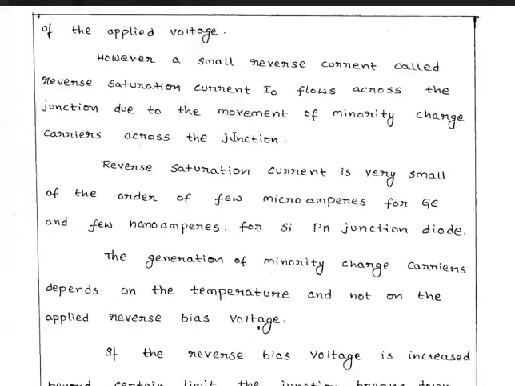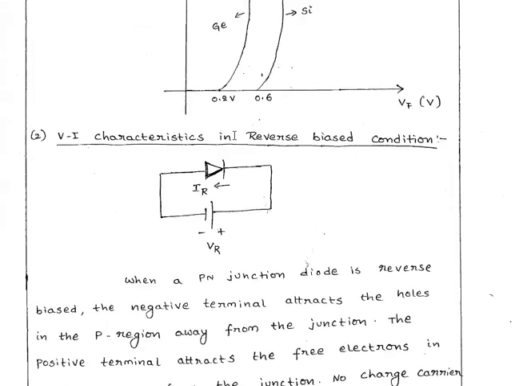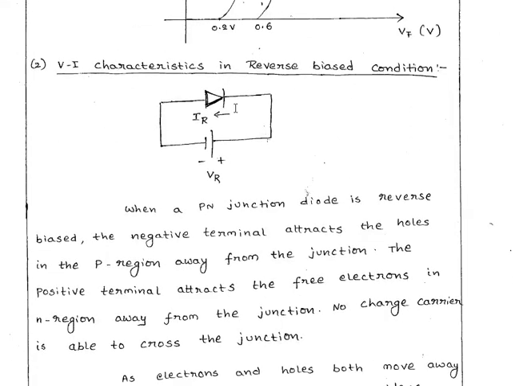Mainly in reverse bias, the current conduction will be due to thermal energy. Due to thermal energy, the covalent bonds present in this PN junction diode will acquire the energy required to become free electrons and create free holes.